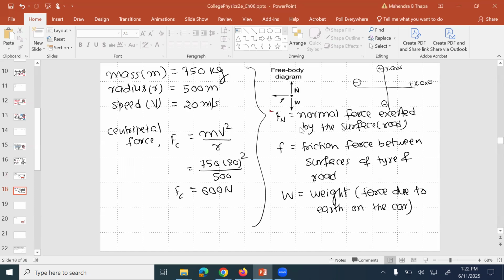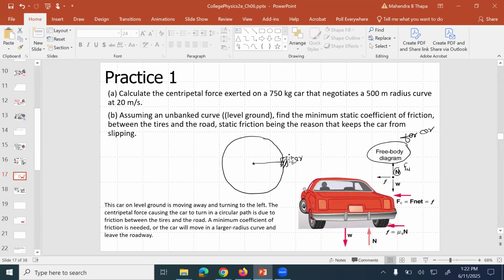Fn is the force acting vertically upward, weight acting vertically downward, and friction, in this case, is acting along the x-axis, but towards the negative x-axis. Again, the picture looks like this. The car is traveling in a circular path of radius r. We are assuming the road is level, a plane surface.